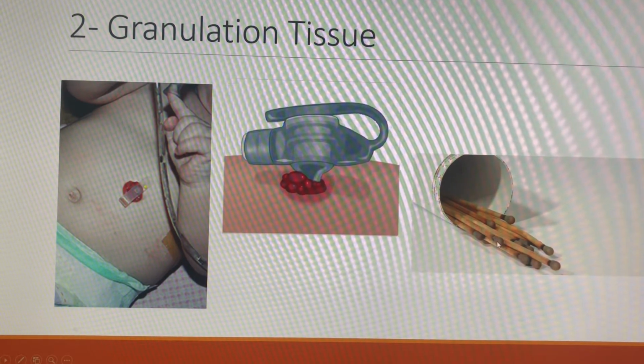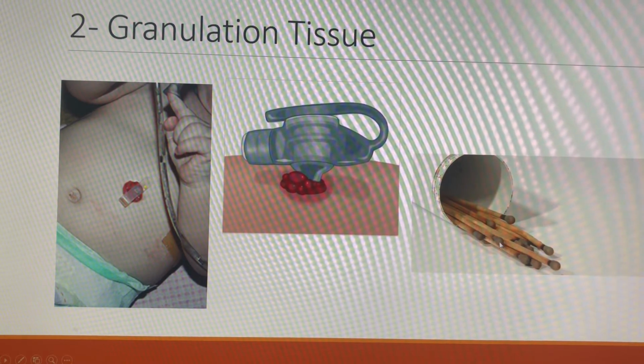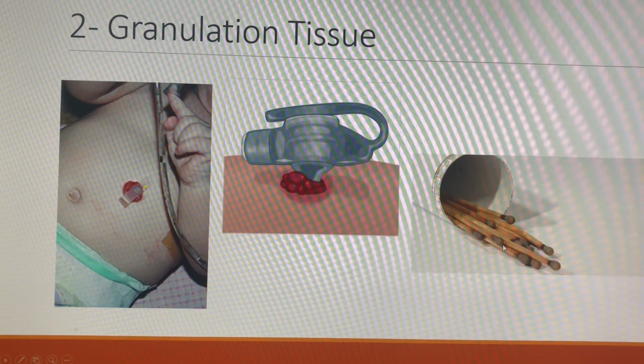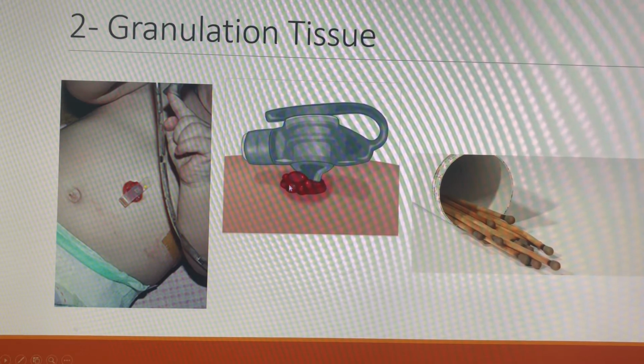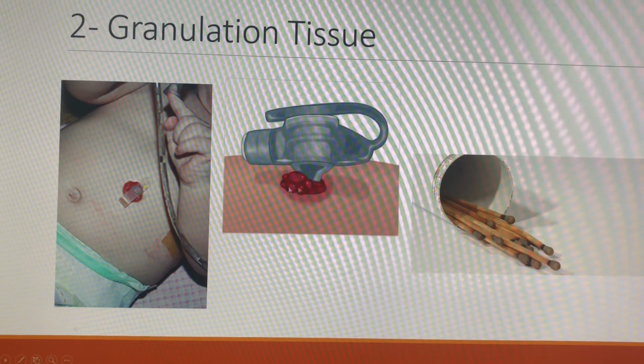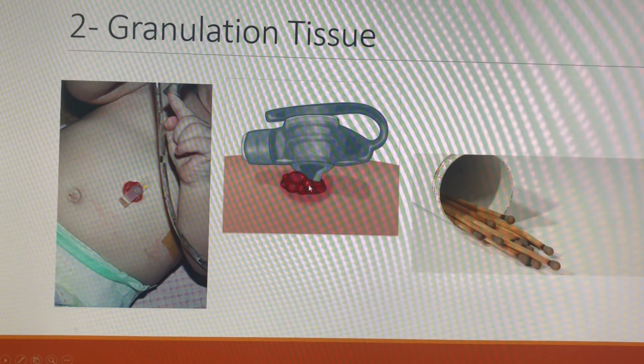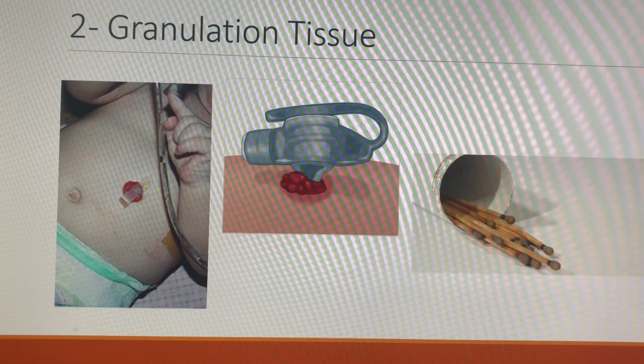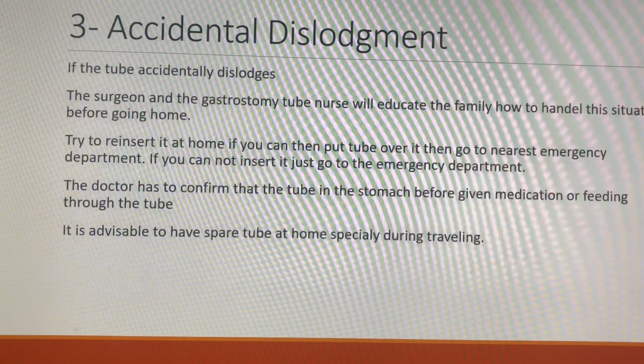The treatment is a painless procedure we do at the office by applying silver nitrate tips to the granulation tissue, which helps cauterize it. Sometimes we need more than one session to make sure it's completely eliminated. Again, it's painless and usually quite successful.